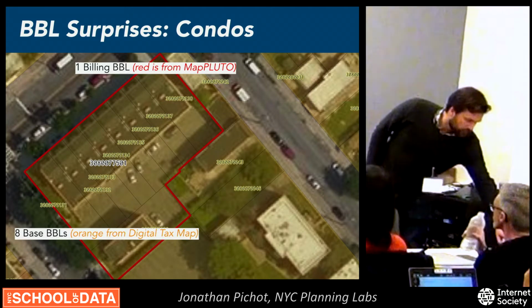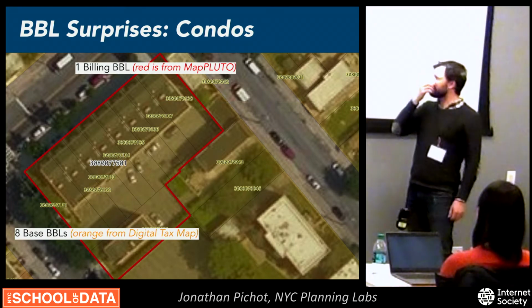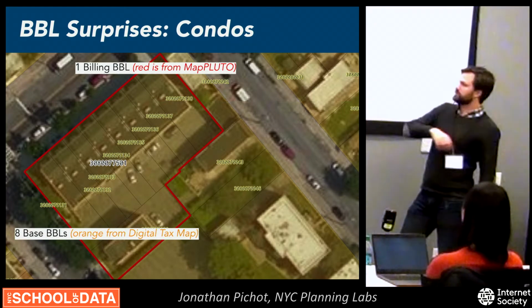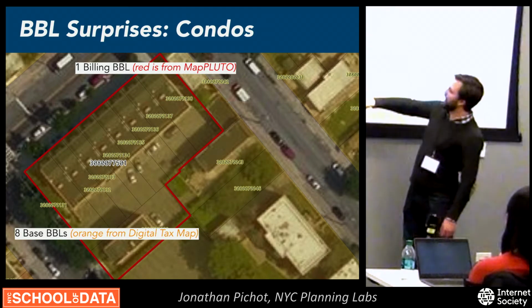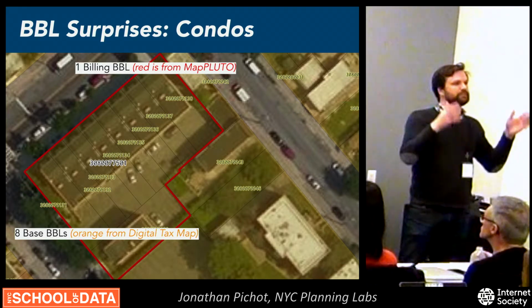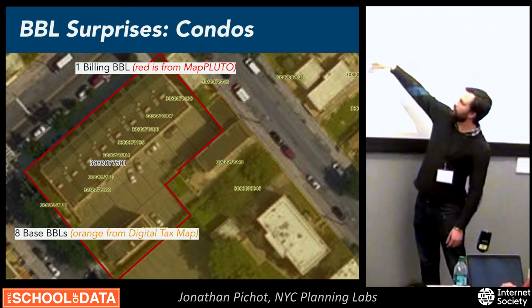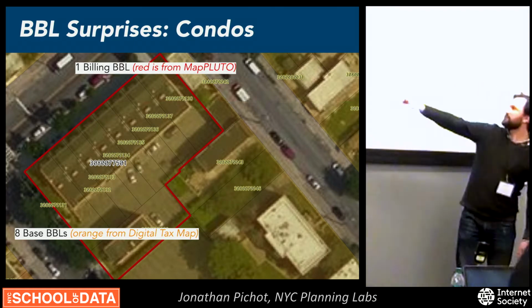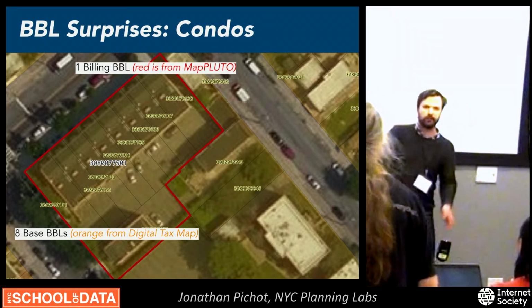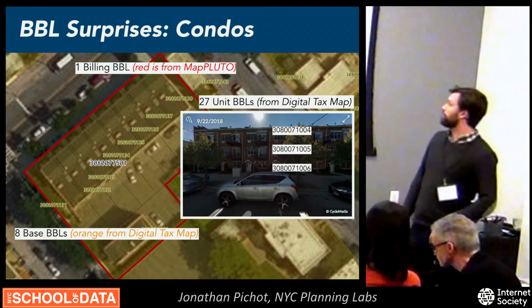In yellow, or orange-ish, is the digital tax map of the base BBLs. So these orange numbers here are 8 base BBLs, those representing more of what a contiguous building might be. So these sliced apart, there's basically no walkway between these buildings. You'll see it when I show you this last Google Street View.